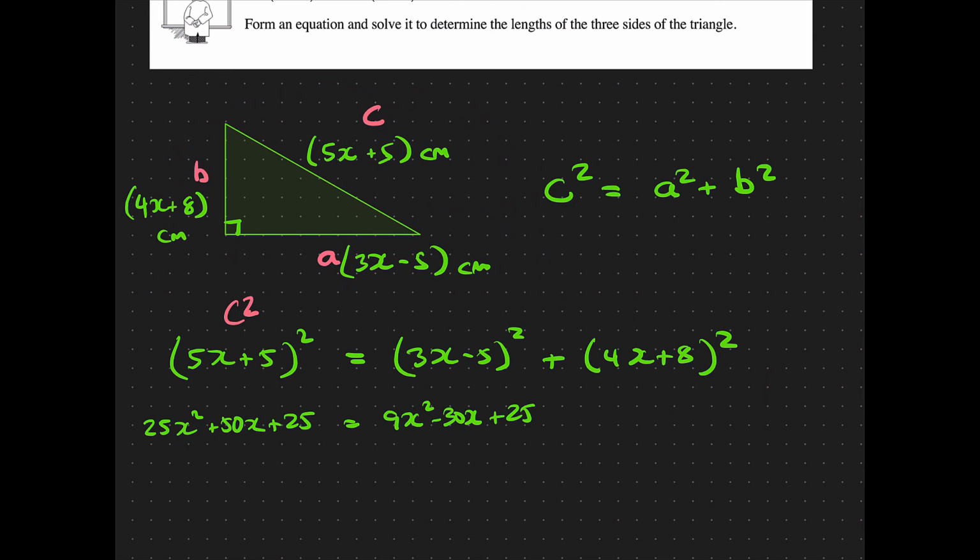Okay, and the last one, I'm going to add to that. 4 times 4 is 16x squared. 8 times 8 is 64. 4 times 8 is 32, times 2 is going to be plus 64x. Plus 64.